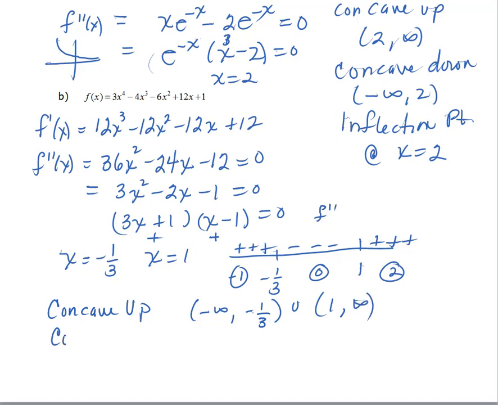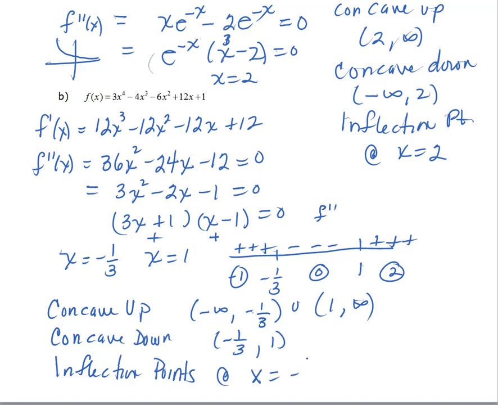I know the function is concave down from negative 1/3 to 1, and I have inflection points at x equals negative 1/3, where we change signs, and at x equals 1, where we also change signs.